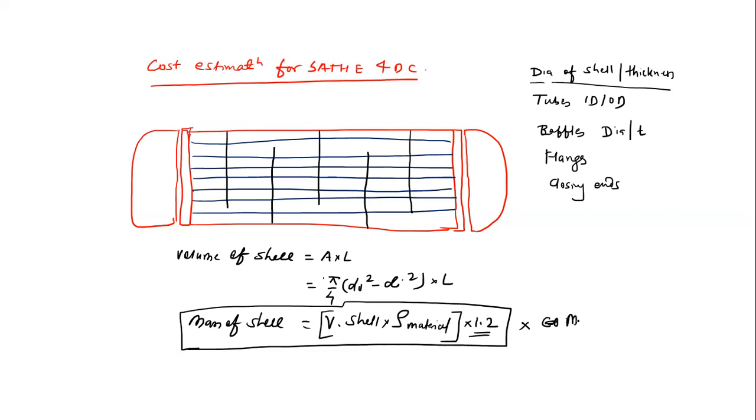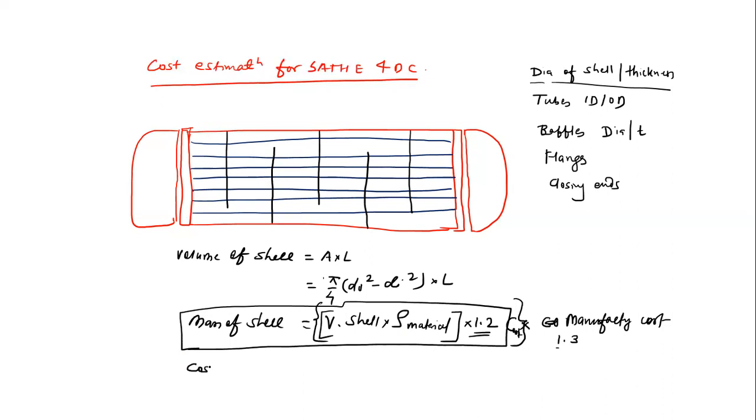There is a manufacturing cost. So 30% typically goes into manufacturing cost. So 1.3 times. So this is into a cost per kg, based on what material you're using. So this becomes cost into manufacturing cost, which is 30% extra.